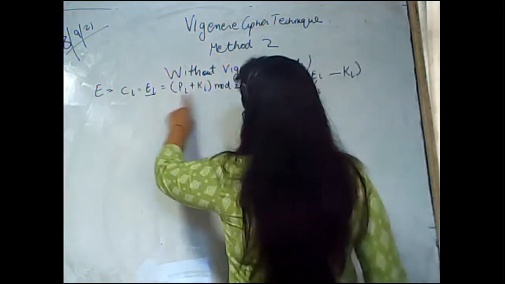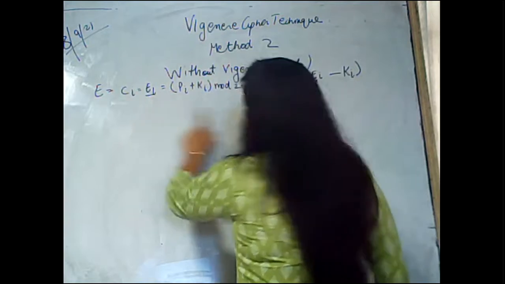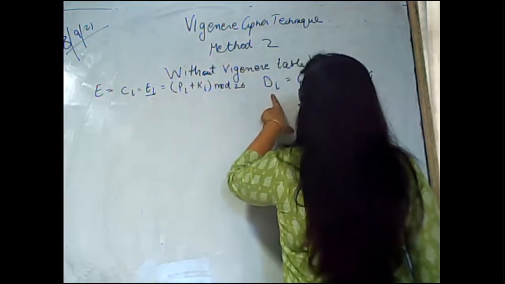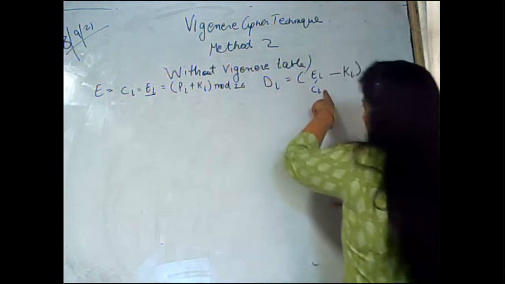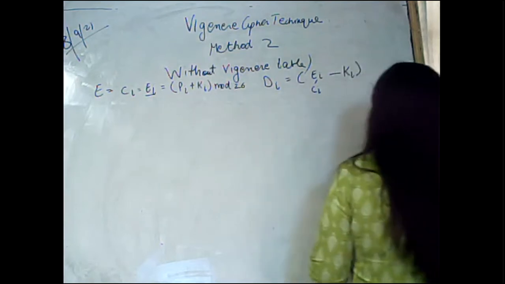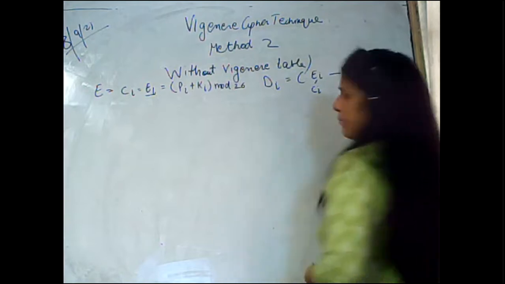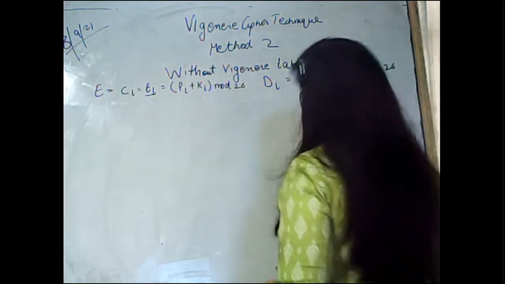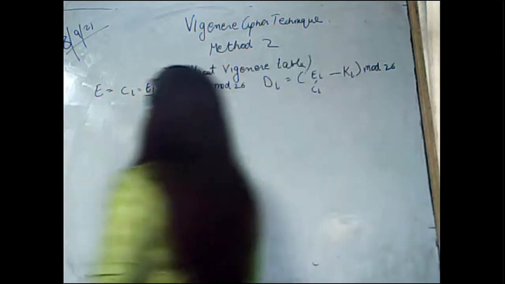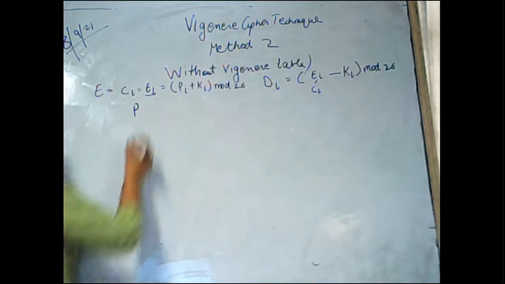P is the plain text, K is the key, and E is the encrypted. So for the decryption part, the encrypted data or ciphertext minus Ki, and that is mod 26. Mod 26.